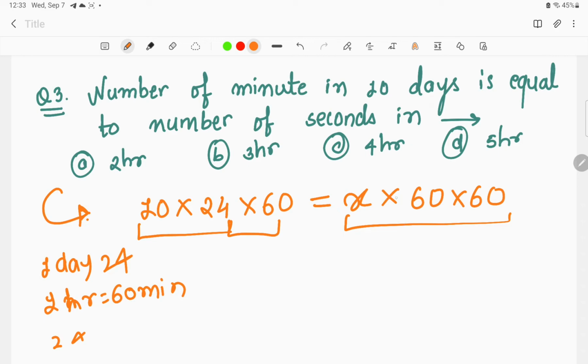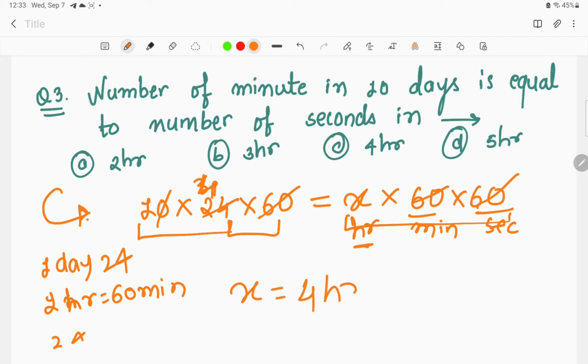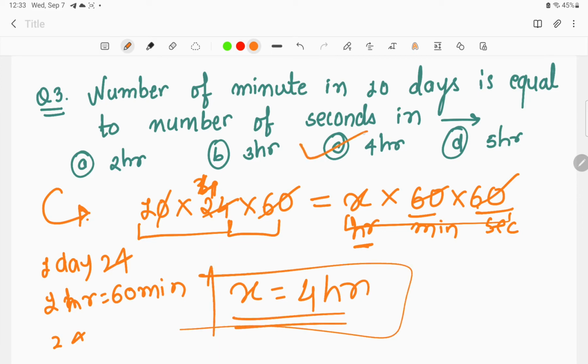So x is the hour, into 60 minutes into 60 seconds. So basically what we have to find out here is what hours are required. The right answer will be, 60 gets cancelled, and 6 4s are 24. This is 4 hours. Okay, this is the right answer to the question, that is option number C.